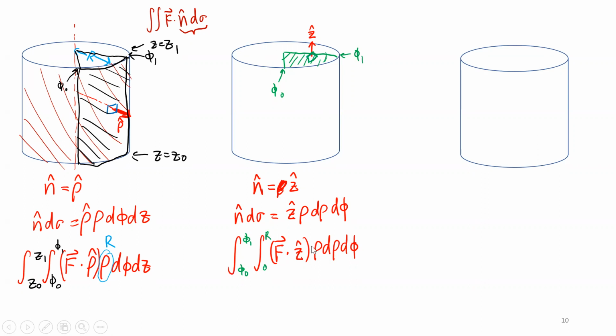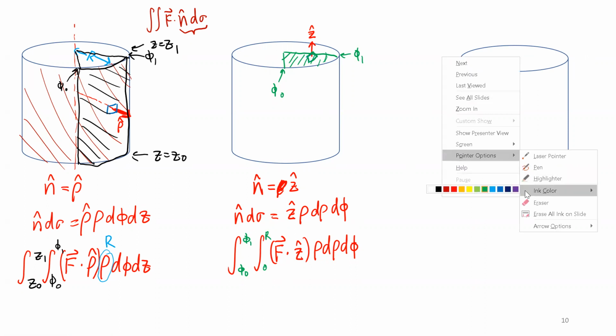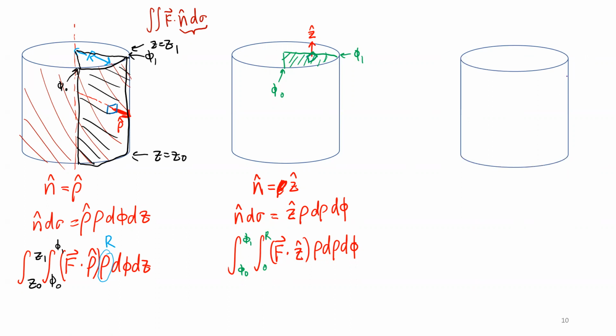Okay, so finally, if I want to consider a surface that is inside this cylinder. Just imagine that you cut this cylinder exactly along this plane, along this flat plane.